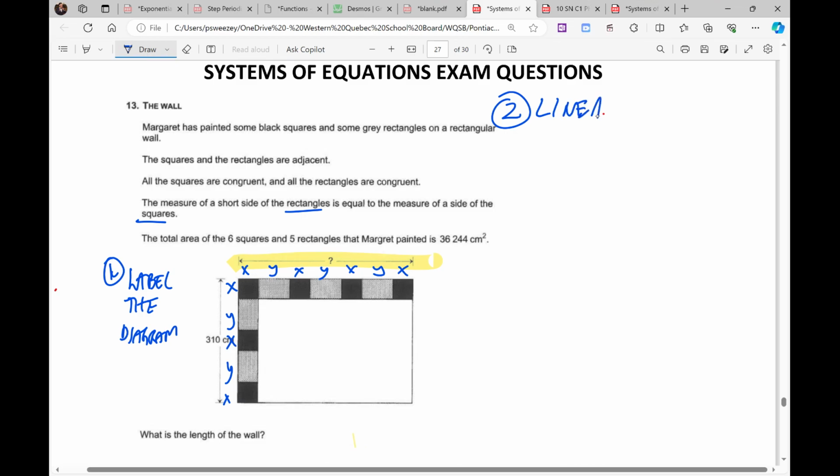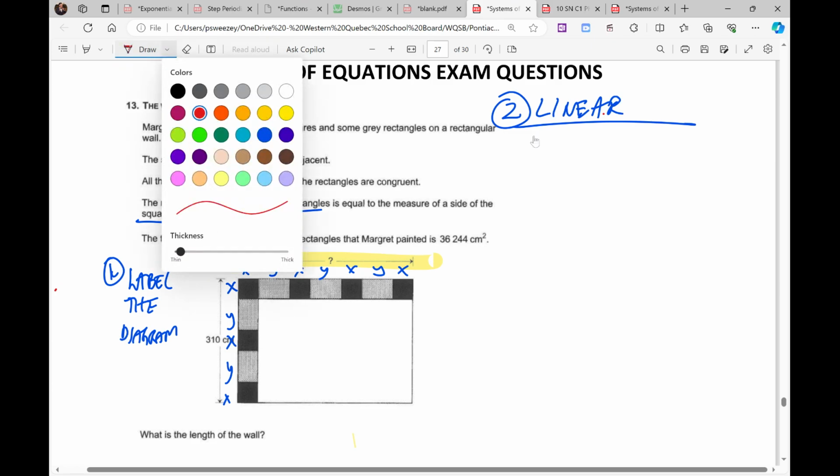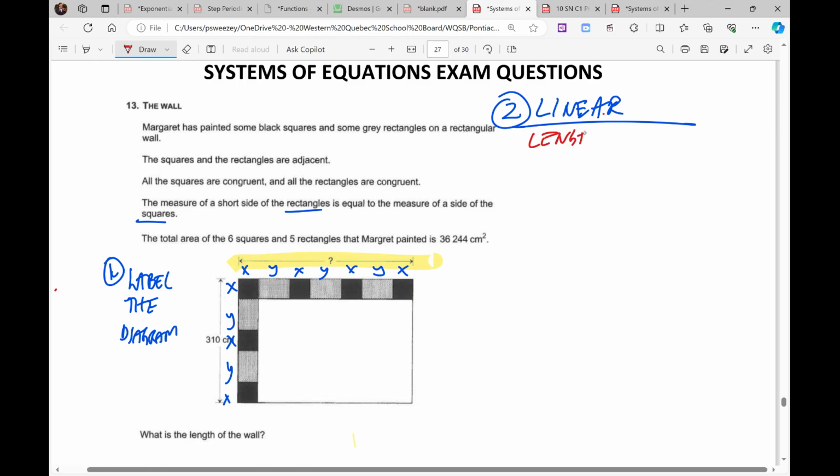There are linear equations, and there are quadratic equations. Now, in terms of your decoding, linear is either going to be mentioned in like one-dimensional length or perimeter, right? Length or perimeter is going to be the indicator that we're dealing with a linear function, because the exponent on x is just going to be 1.